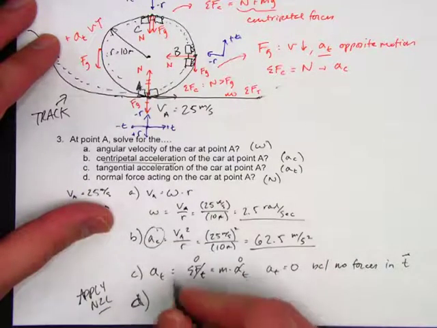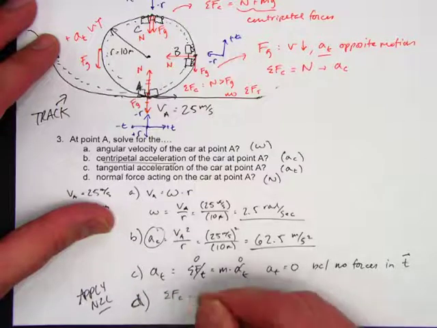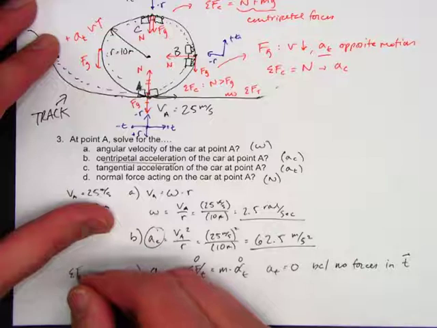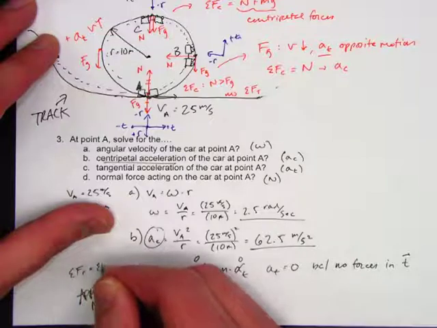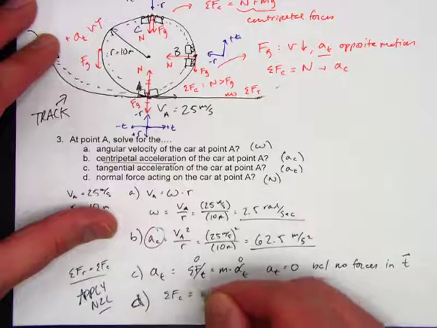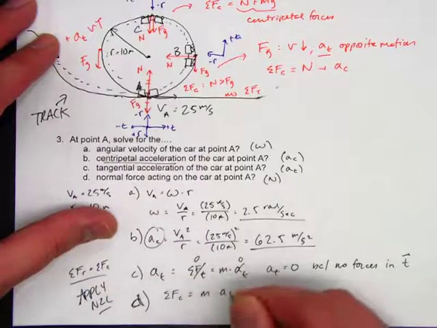So the sum of the forces in the centripetal direction, which is the same as radial, if you're more comfortable with that terminology, is going to equal the mass times the acceleration in that direction.